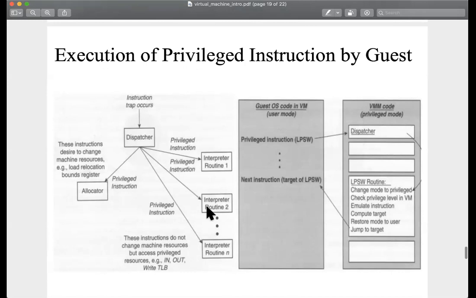Okay. So here's an example. What is a privileged instruction and how does the hypervisor handle it? Oftentimes, the guest operating system that's running inside the VM may need to execute instructions such as changing the privilege level of the CPU.